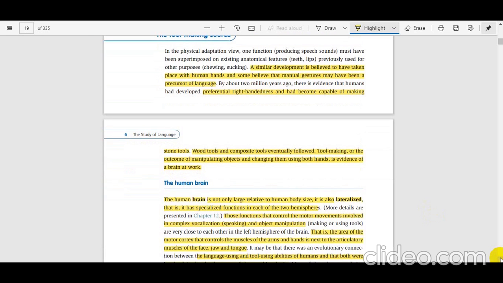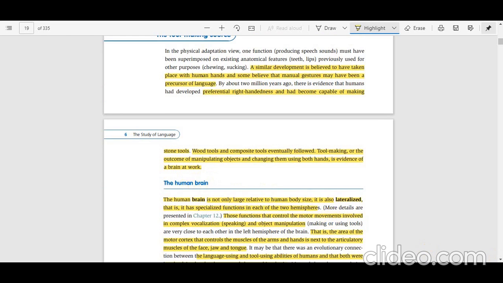The humans are able to produce these tools, meaning that they use their brain to produce and then to develop these tools for different uses. We will see in further details things that are related to the human brain.